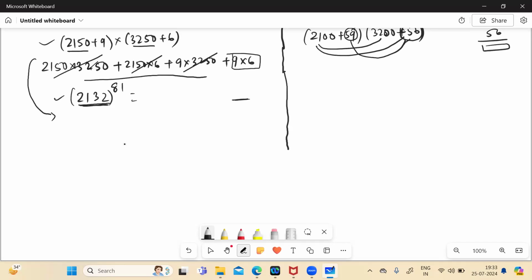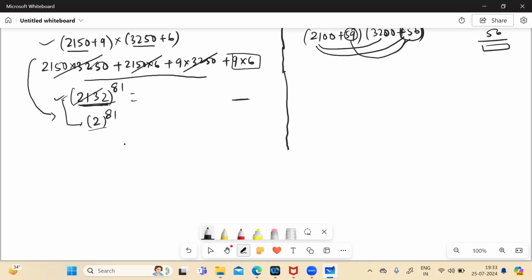So the last digit of this will be the same as the last digit of 2 to the power 81, because every time 2 gets multiplied with another 2, it gives you the last digit of the multiplication. So the problem has reduced to this. These three terms don't matter. The last digit of this power and of this power will be the same.